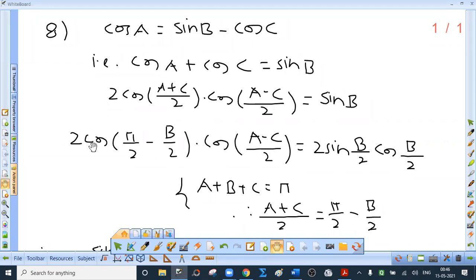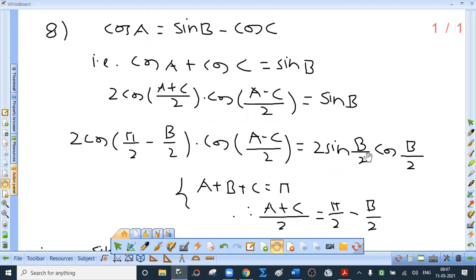So this gives 2 cos of pi by 2 minus b by 2, cos of a minus c by 2 equal to sine b. What is sine 2 theta? It is 2 sine theta cos theta. You may ask me, sir, but it is not 2 times, it is just b. Remember, any angle is 2 times its half. So sine b is sine of 2 times b by 2.